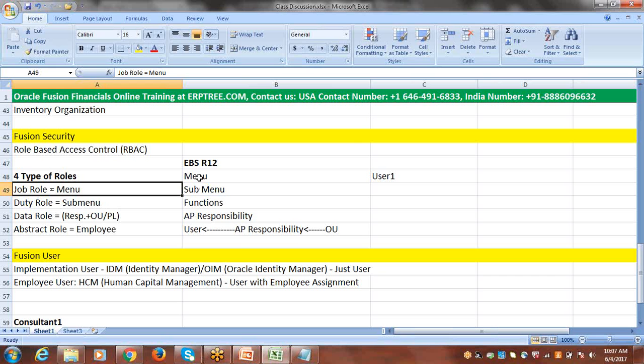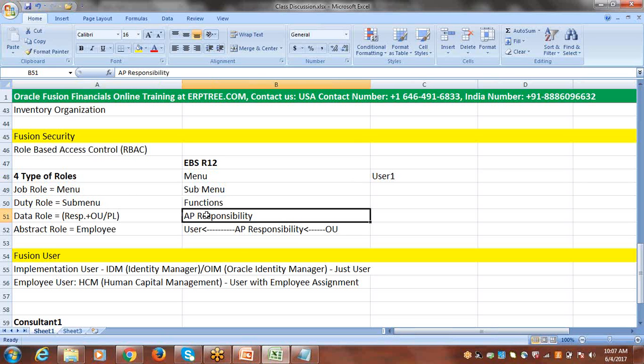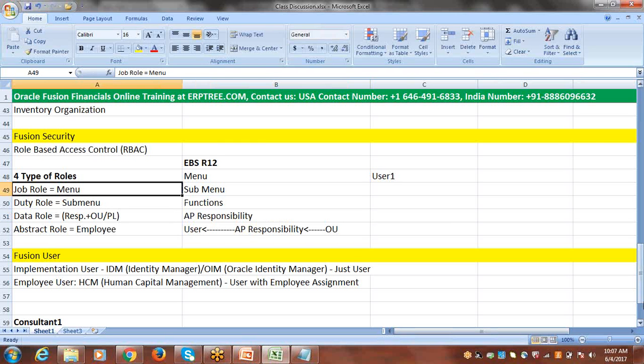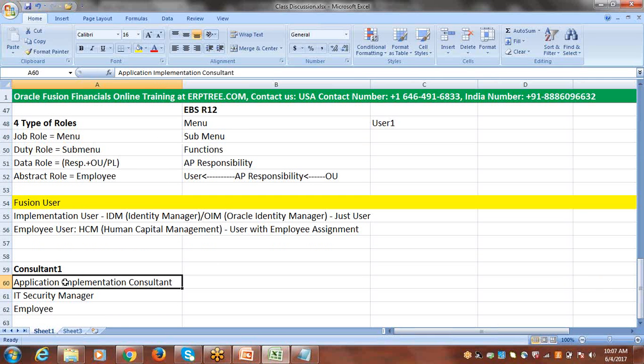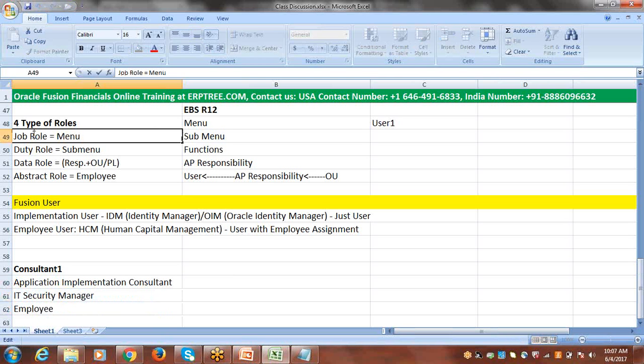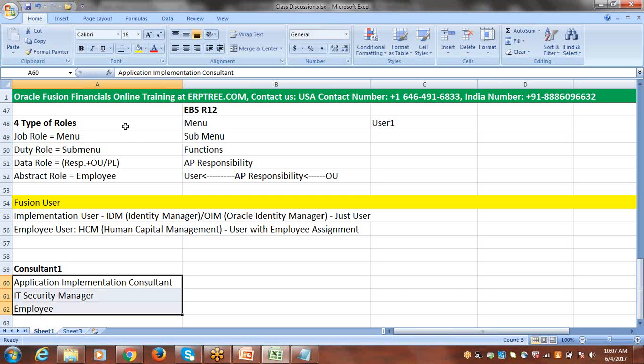Even if you keep that menu within the responsibility just for access purposes, this responsibility without operating unit or primary ledger mapping you can compare with the job role. So if you have any role without mapping anything, you can call that a job role. That means these roles are equal to menus, that's all. These all we call job roles.